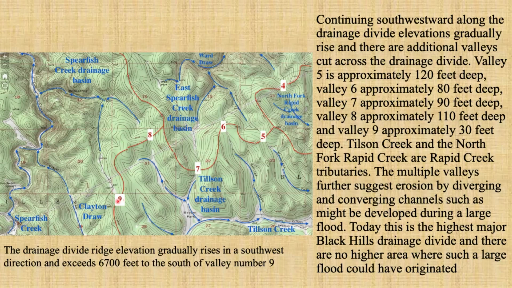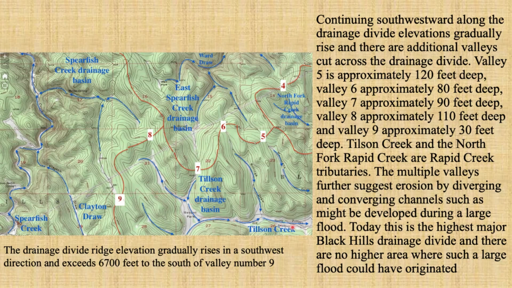But these are all, again, valleys that are suggesting that we had a huge anastomosing channel complex crossing what is now the highest areas in the Western Black Hills. And I want to emphasize Tilson Creek here is a Rapid Creek tributary.